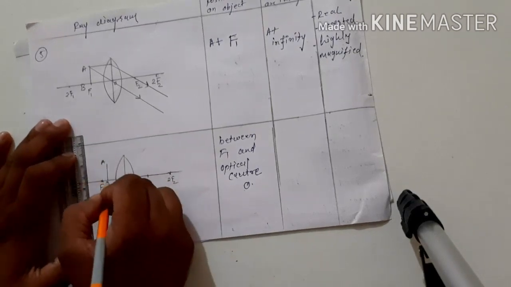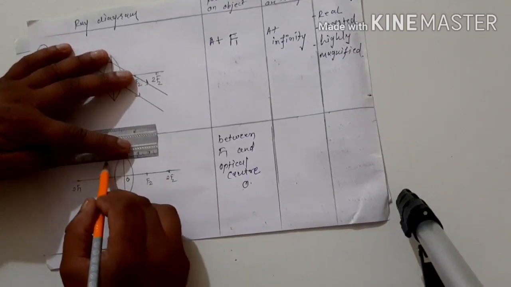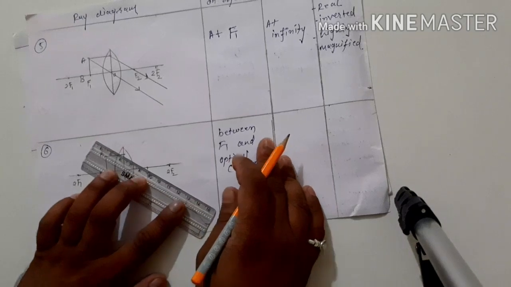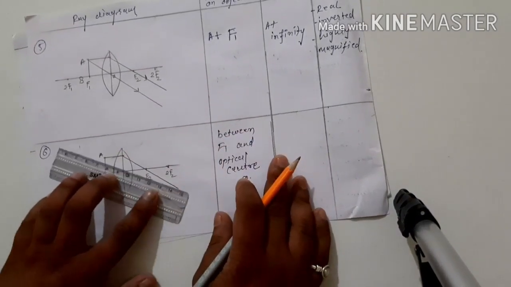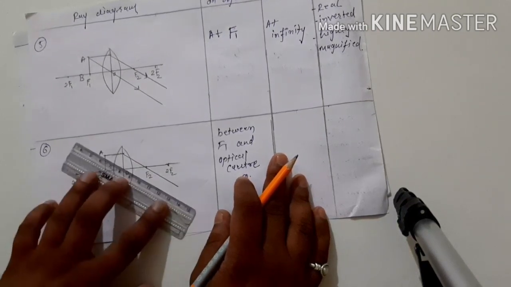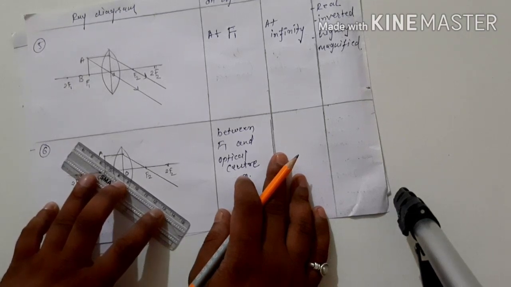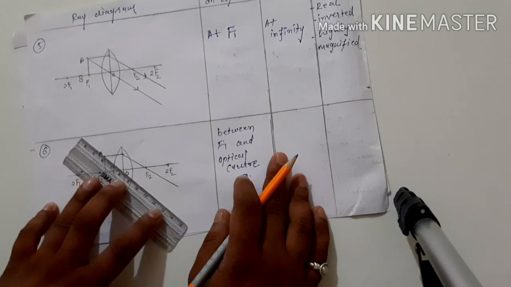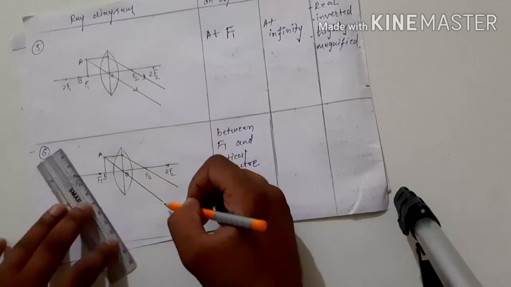The first ray, parallel to the principal axis, will pass through F2 like this, and the second ray passes through the optical center O.